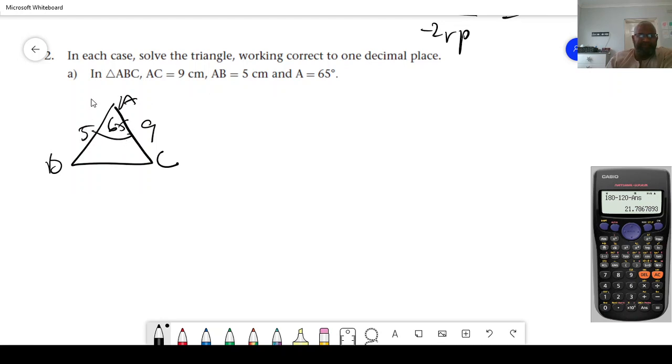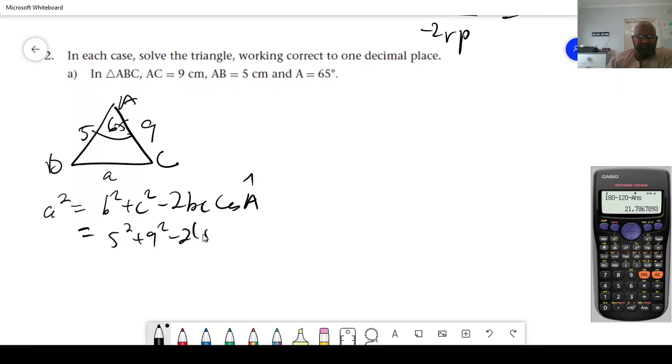As you can see, we have two lengths and an included angle, so that I can calculate lowercase a at this point. So a squared is equal to b squared plus c squared minus 2bc cos of angle a. So it's going to be 5 squared plus 9 squared minus 2 times 5 times 9 cos of 65.